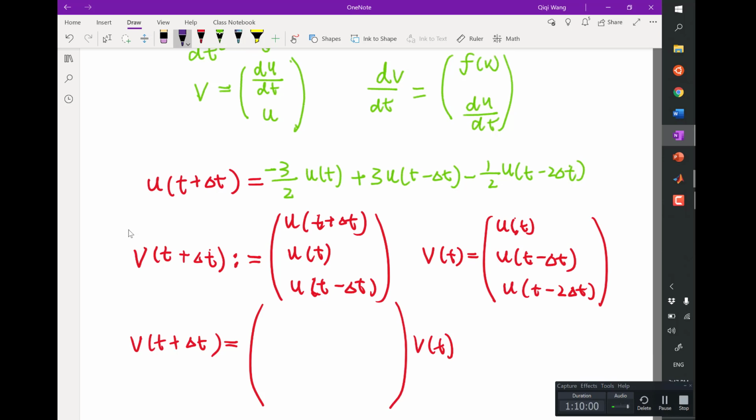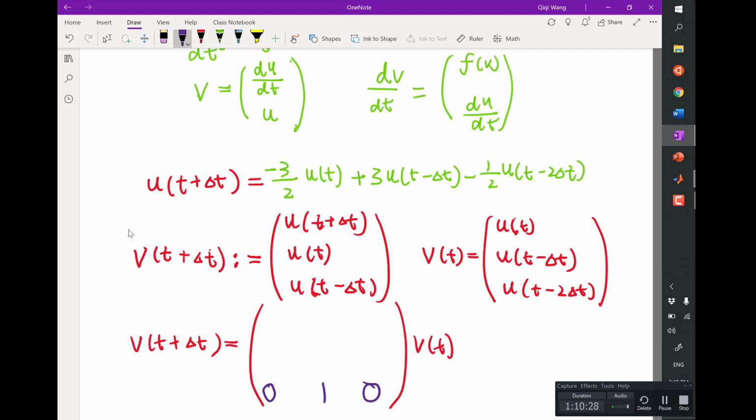Let's figure out the last row of the matrix. That's easiest, right? The last row of the matrix multiplied by this vector should give me the last row of this, right? What do I need to multiply this to get this? 0 on 0, right? So 0, 1, 0. 0 is going to be multiplied by this. 1 is going to be multiplied by this to get the u of t minus delta t. That's what we want.